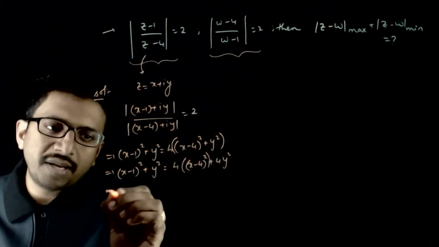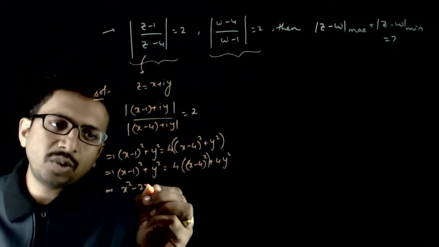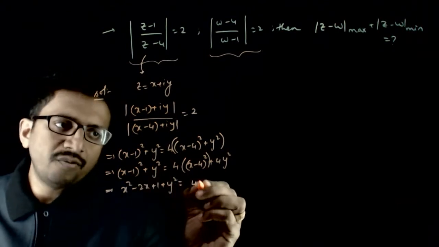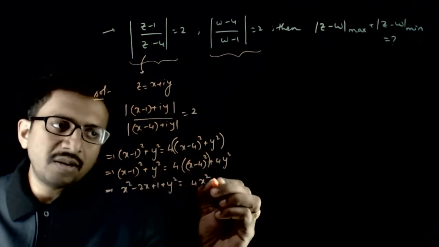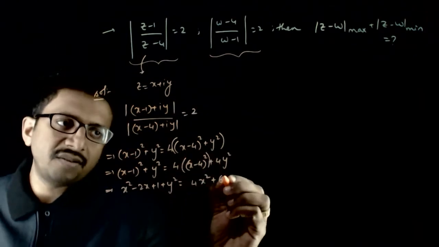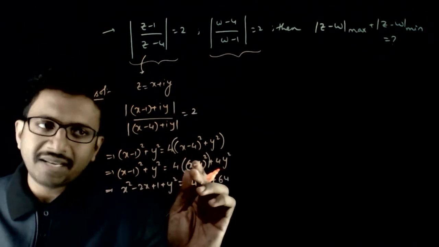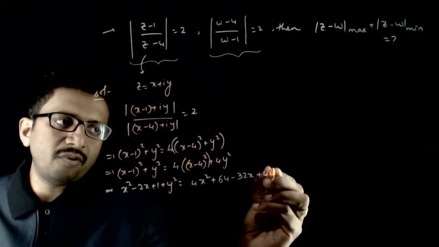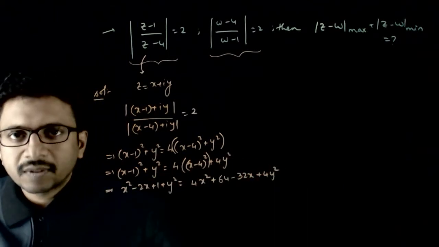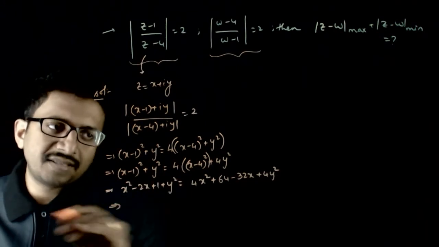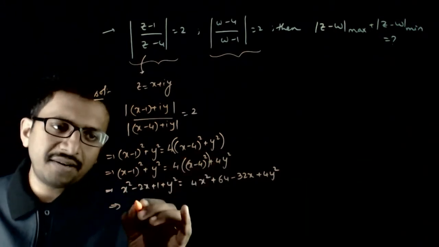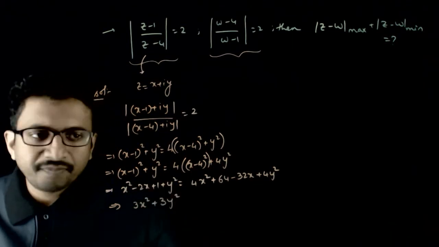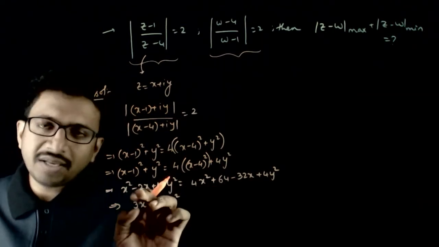If you expand this, you get x square minus 2x plus 1 plus y square is equal to 4x square plus 16 fours are 64 minus 8x into 4 is minus 32x plus 4y square. If you take everything onto that side, you get 3x square plus 3y square, and you have minus 32x.